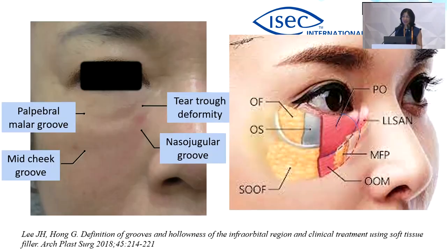So as promised, these are the anatomical correlations of the groove. The Kirkhoff deformity is located between the preseptal and the orbital orbicularis, while the nasojugal groove marks the inferior border of the orbicularis oculi muscle.